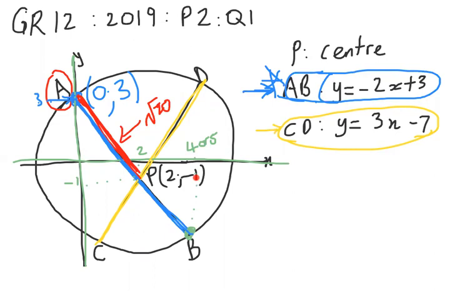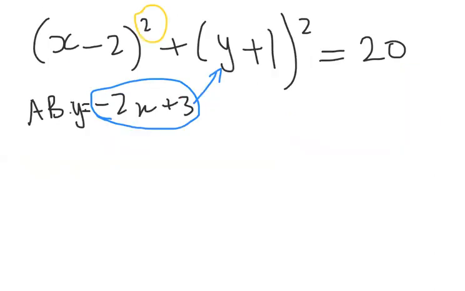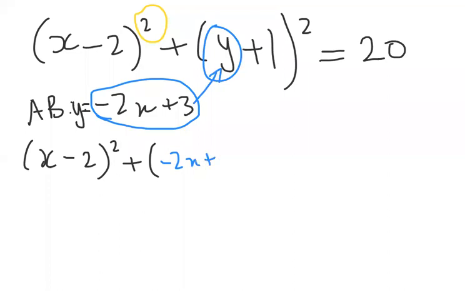So okay, let's see if we can substitute. I'm going to take the big formula, (x minus 2) squared. And wherever I see this y, I'm going to put minus 2x plus 3. Let's continue with the sum. So there's the y, which is minus 2x plus 3. Now I'm just going to continue with previous grade's work and calculate x.